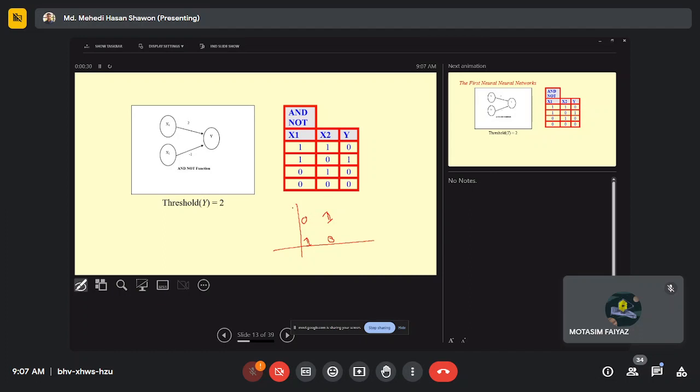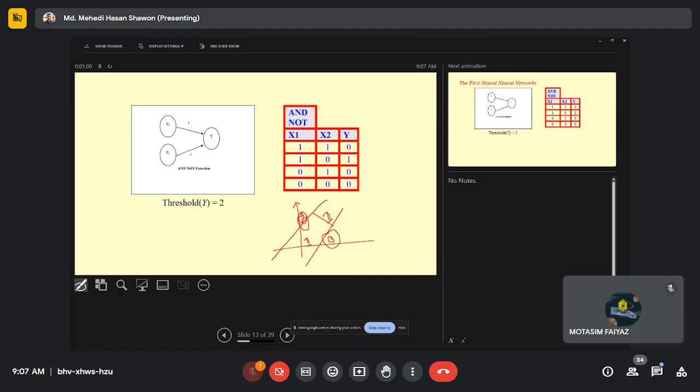Sir, if I draw a line intersecting between 1 and 1 like this, then... Intersect means you have to draw one line which will divide the negative and positive. If you draw one line here, it still has a negative on this side. If you draw a line here, still one negative on the left hand side. So one straight line never solves this kind of problem.